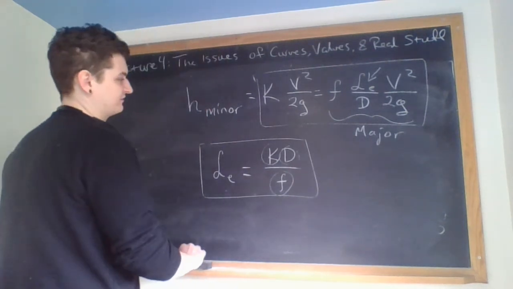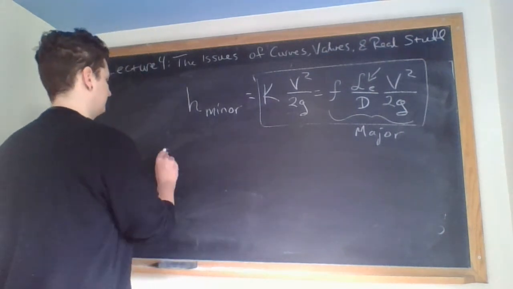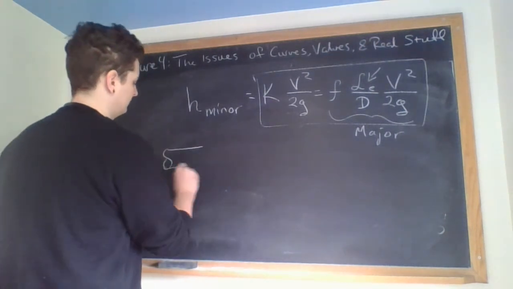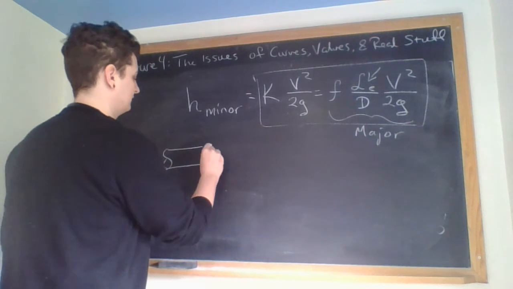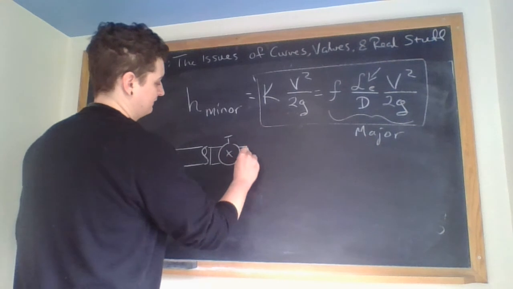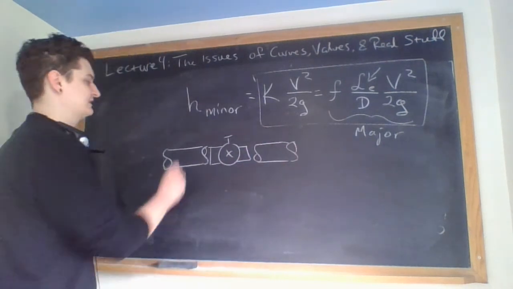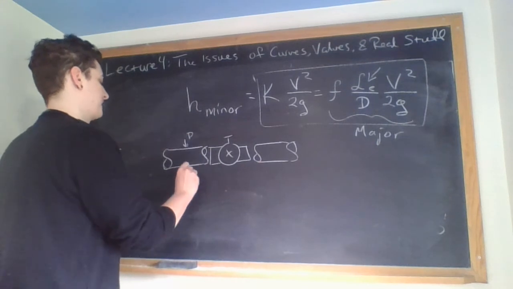So then for the friction factors, right, how does that work? So say you just are connecting them like this, and sort of a bunch, and say these diameters are the same.